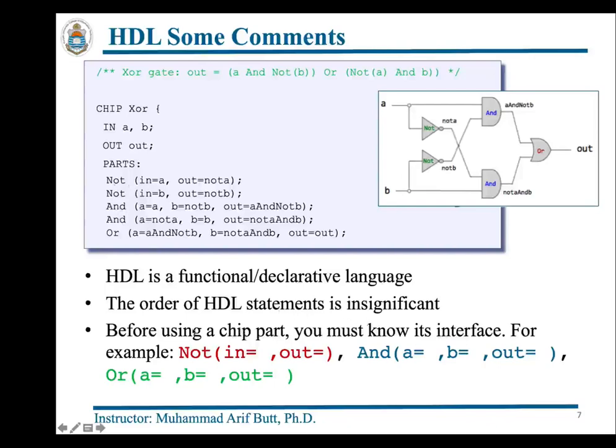We need to know that the NOT chip has the interface of a single input pin, namely in, and a single output pin, namely out. Similarly, the AND chip has two input pins, namely A and B, and one output pin, namely out. If you know this, you can easily use these chips in your HDL code.